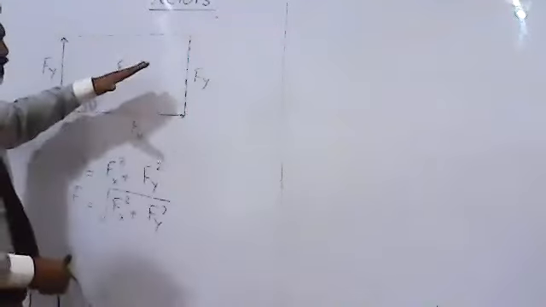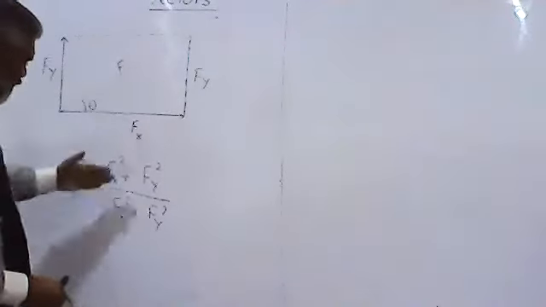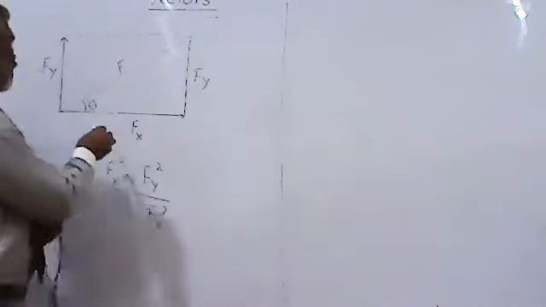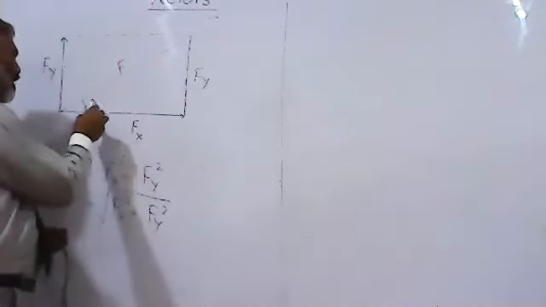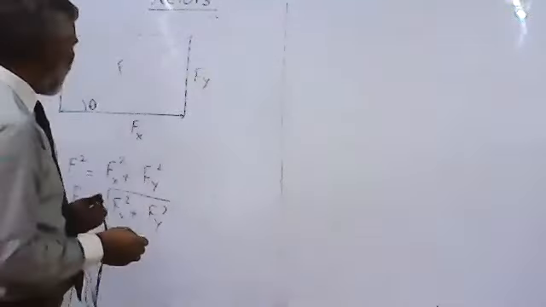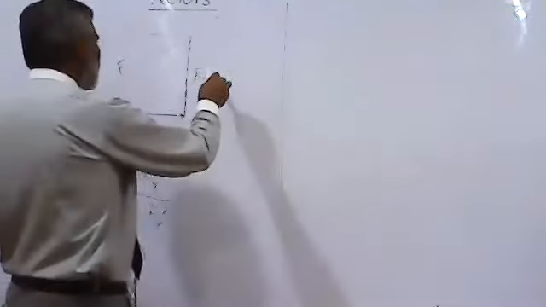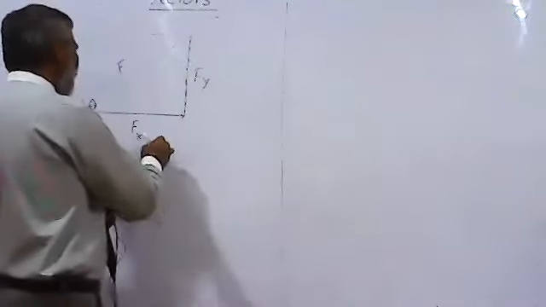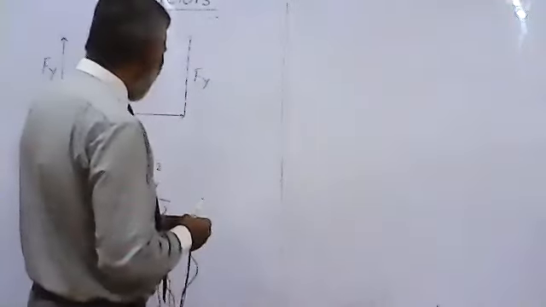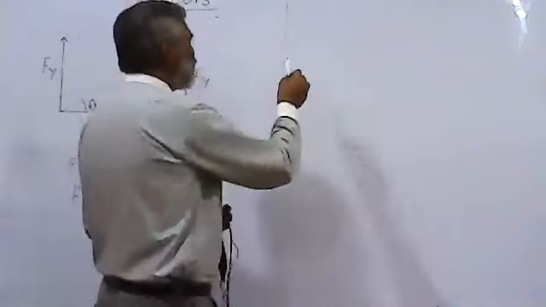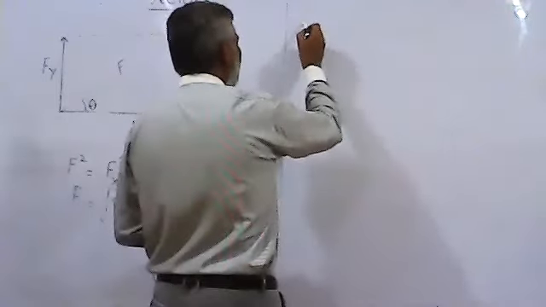The same rule is applied to the components, because components are just other vectors perpendicular to each other. So when we want to find the resultant, we apply Pythagoras to them. And what if we want to find angle theta? If it is not given, then with these values known, Fx, Fy, and F, we can apply any one of these trigonometric ratios.